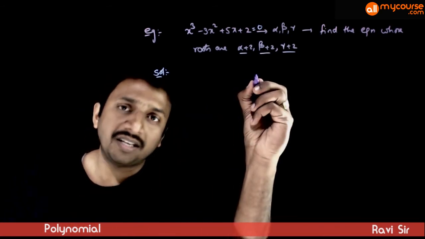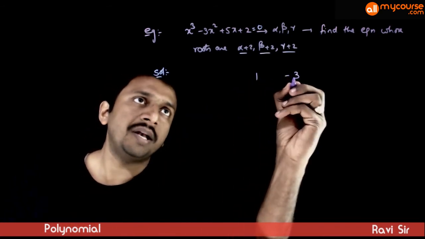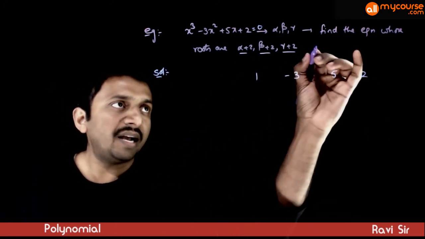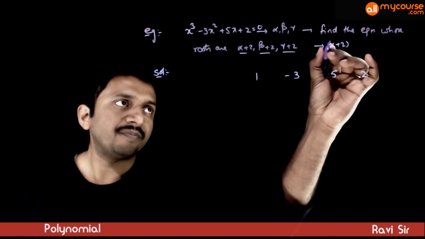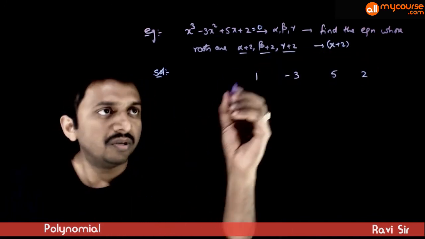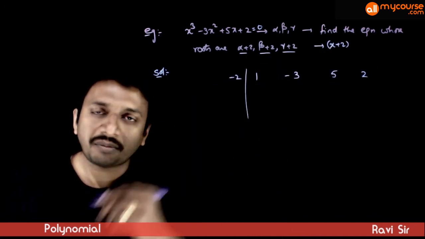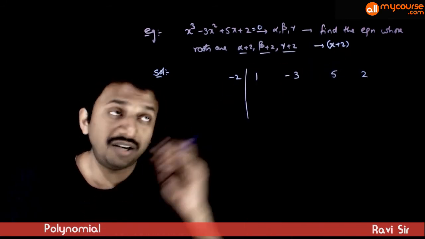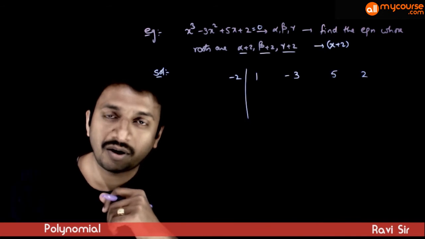So let us use Horner synthetic division for this. 1, minus 3, 5, 2. You need to divide by x plus 2, so we use minus 2 here, because you need to change the sign of the constant term.